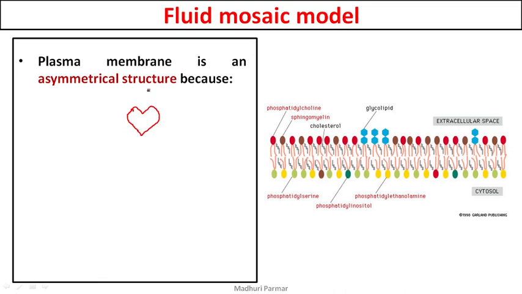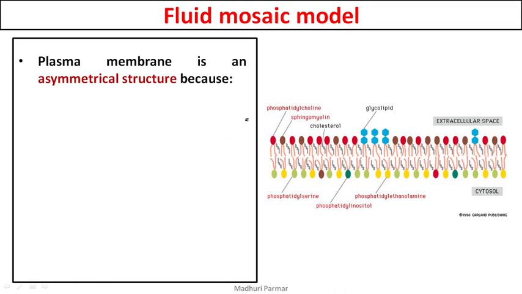Now this heart, if I cut it from the middle, it should be symmetric, meaning on the left and on the right it looks the same. Then it is called symmetrical. Asymmetrical means that it does not look the same.